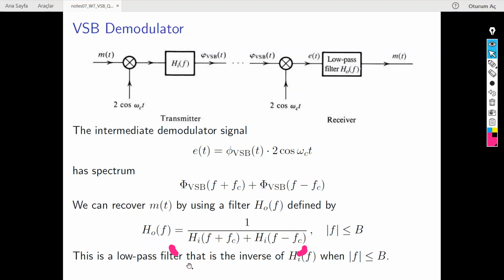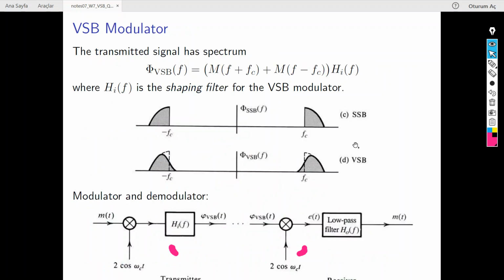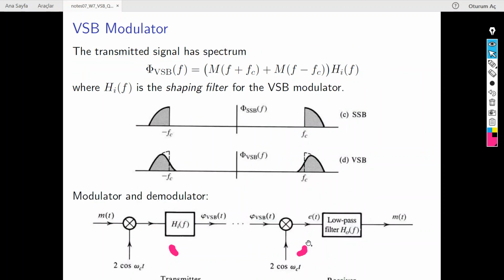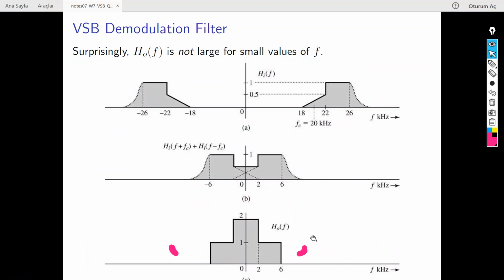This is a low pass filter that's the inverse of Hi of f, in order to remove the effect of the vestige. You remember the effect of this vestige. Let's see how this happens graphically. So you have your Hi of f. This is the shaping filter that you used in order to send your signal.